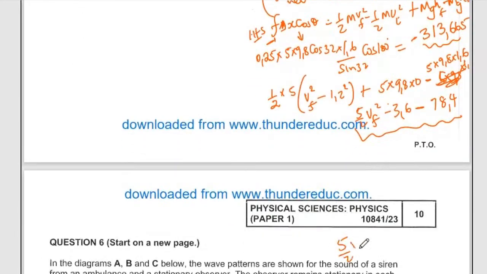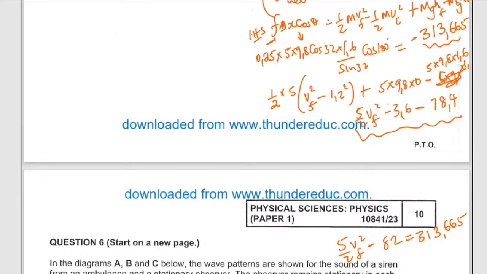So 5 over 2 VF squared minus, this is 3.6, I'm getting 82. So minus 82 is equal to 313.665.